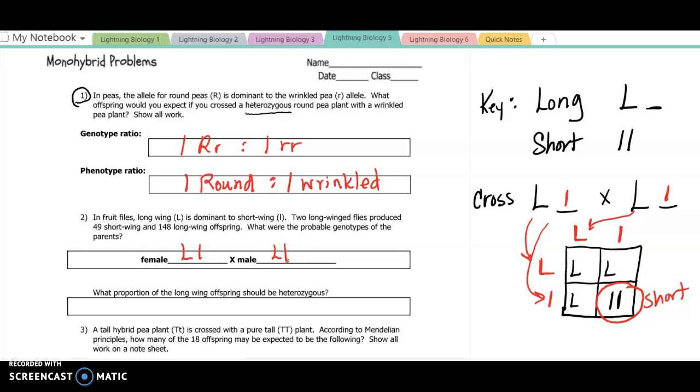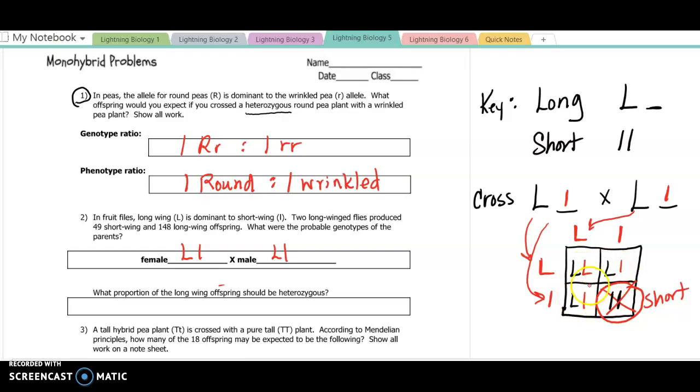What proportion of the long wing offspring should be heterozygous? So now it's asking about the offspring, okay? If I go through and fill in what proportion of the long wing, so these are out because they're short wing. So what proportion of the long wing should be heterozygous?